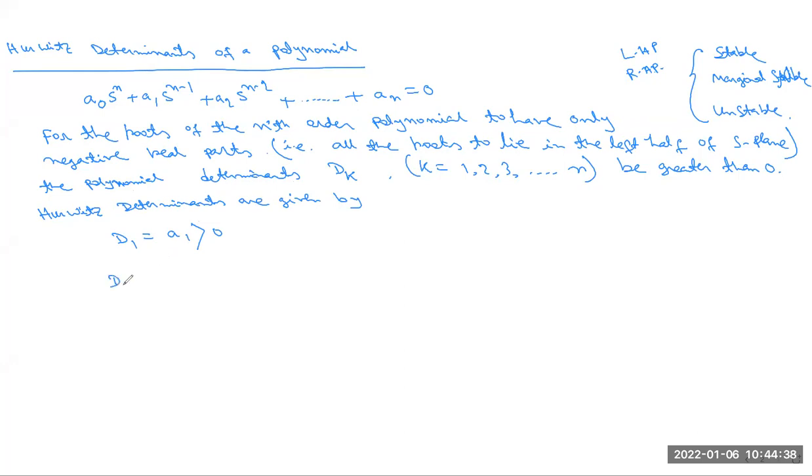Next, how is D2 calculated? D2 is basically in matrix form: a1, a3, a0, a2, and this value is also greater than 0.